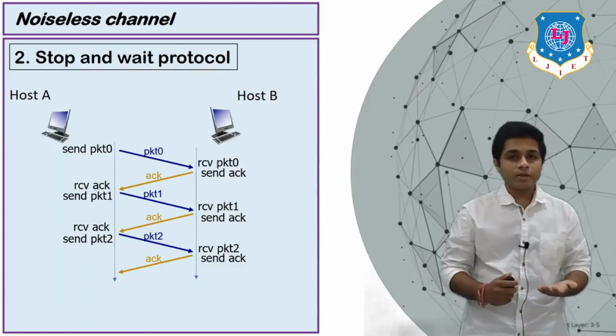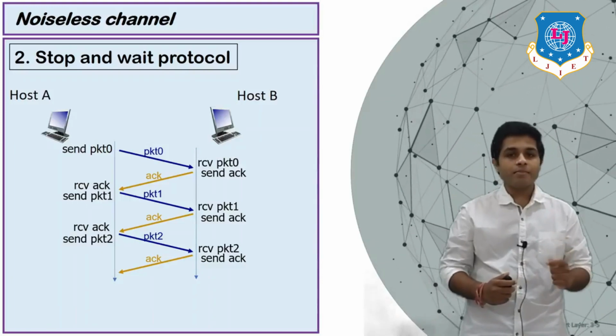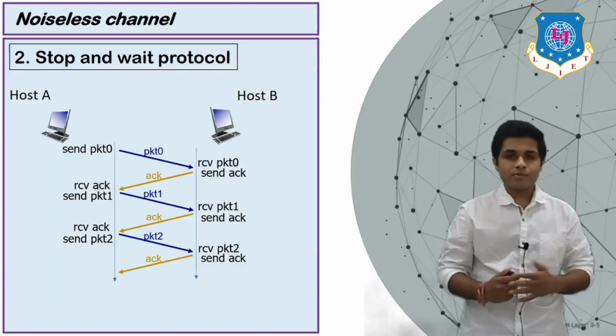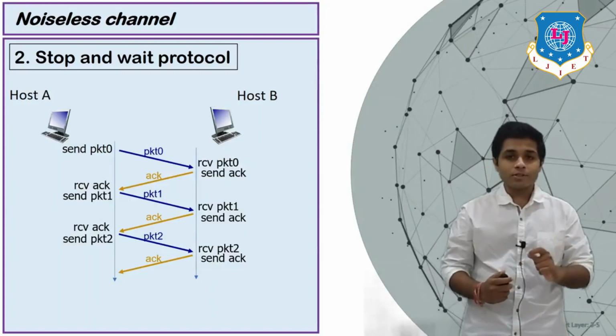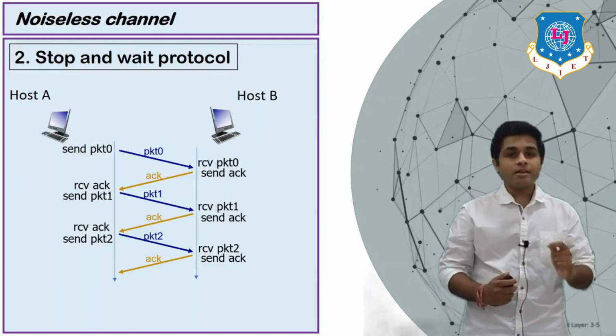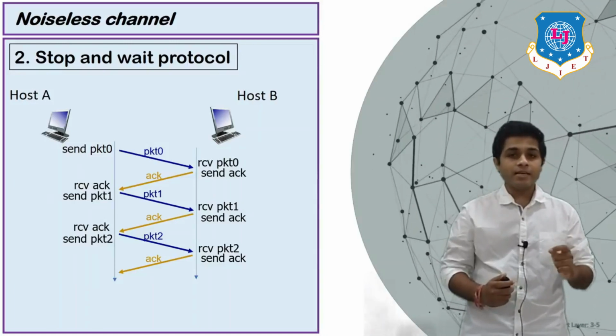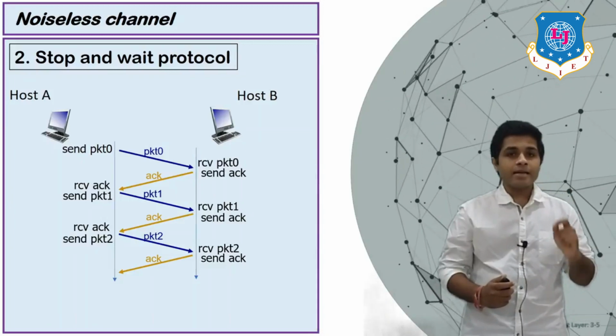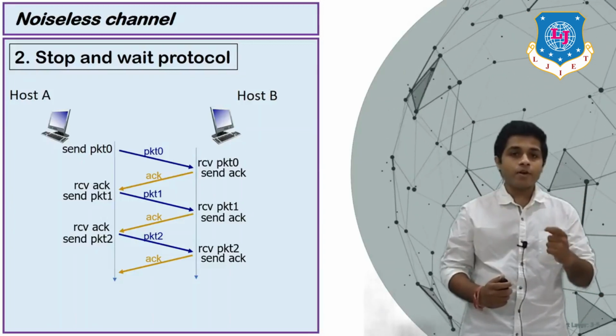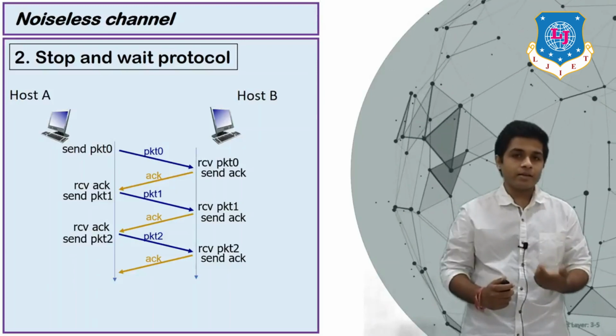After receiving the acknowledgement, A will send packet 2. B will receive packet 2 and it will send the acknowledgement. So in this whole process, after sending the packet, the sender is waiting for the acknowledgement. So after sending the packet, A will stop and wait for the acknowledgement, and that is why it is known as the stop and wait protocol.